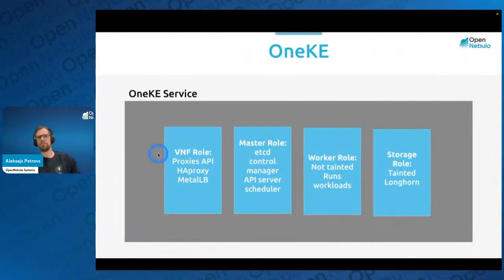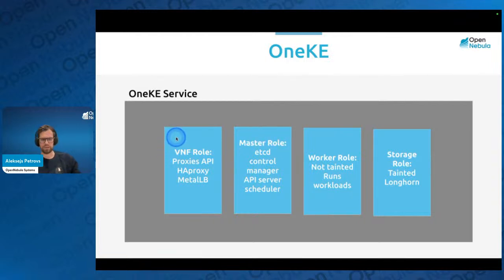The VNF is like the networking, right? And since it's a networking bit, it is also going to provide the default gateway function for all other roles. And again, you can have multiple VNF roles.